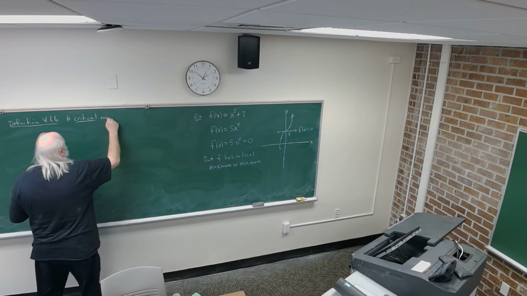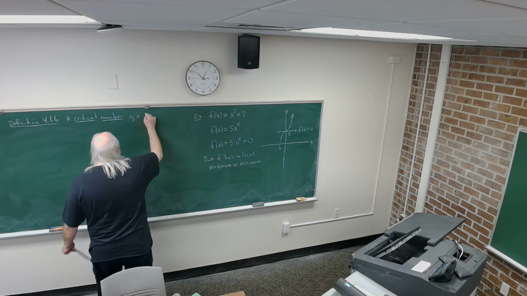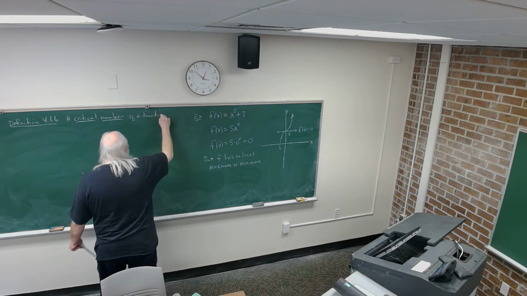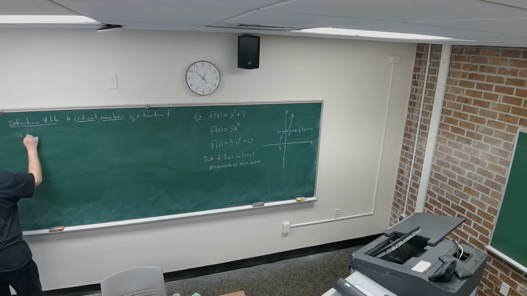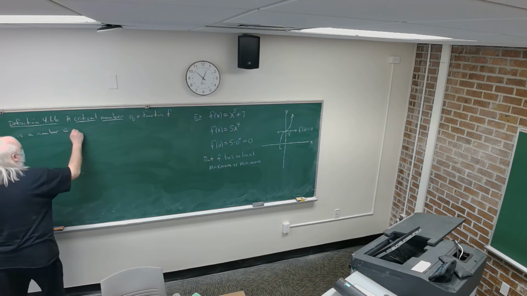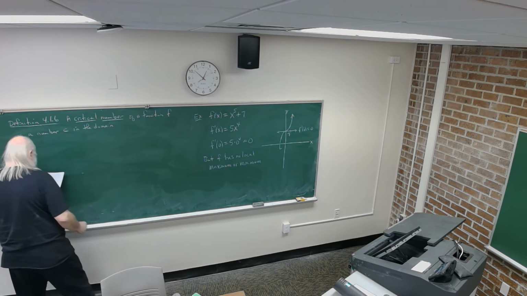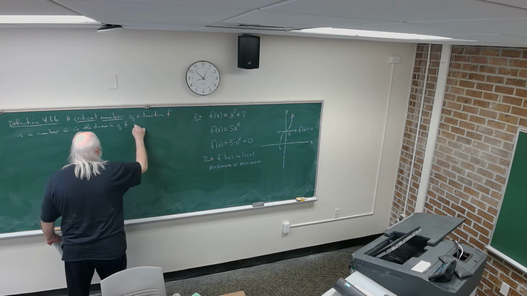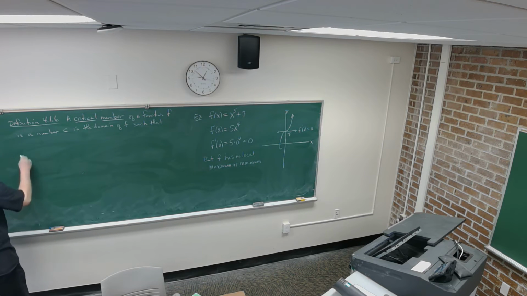A critical number of a function f is a number c in the domain of f such that either of the following two conditions is true.